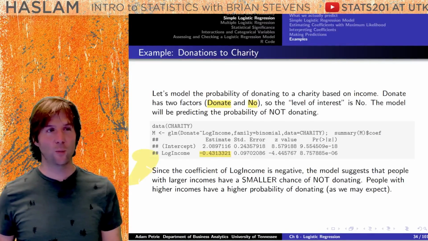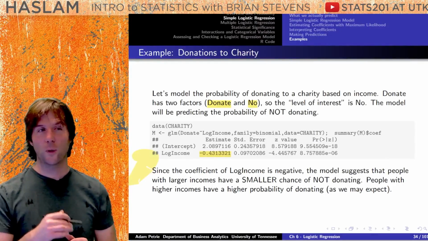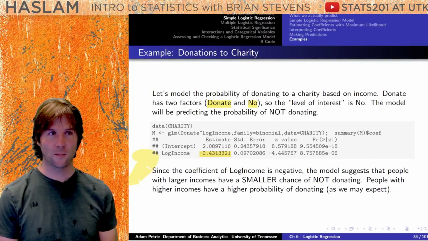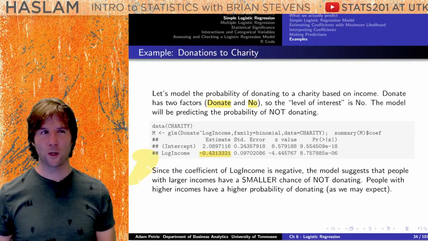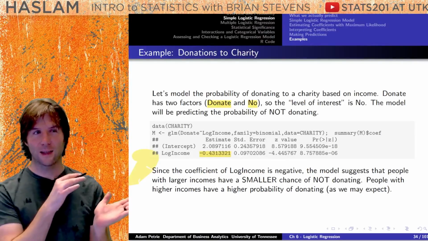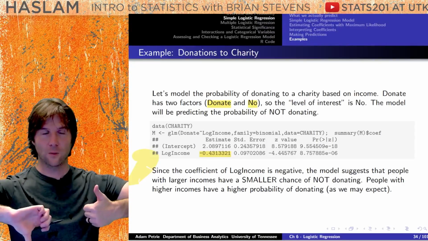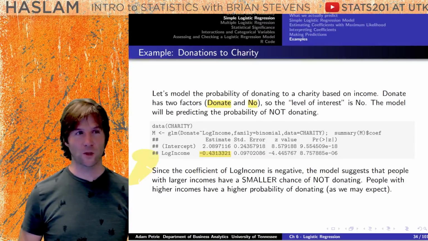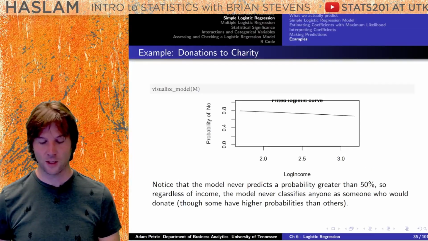That means between two people who differ in their income by 1 unit, where one has a higher log income, which is basically income, the person with a higher income is going to be less likely to donate no. That sounds weird, so maybe I would flip it. I said less likely to not donate. You can flip less to more and no to yes. So between two people who differ in their income, the person with the higher income is more likely to donate is also an acceptable interpretation.